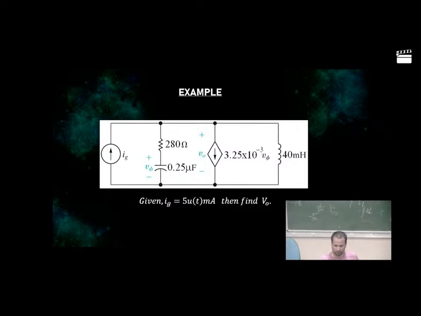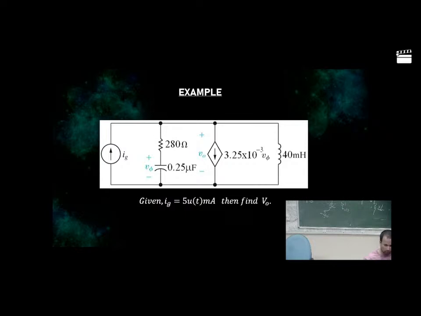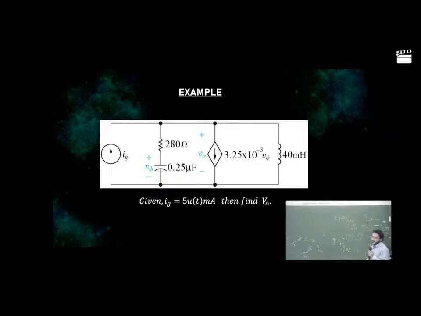What will be this capacitor's Laplace transform in s domain? 1 by 0.25 microfarad, so 1 by 0.25 s into 10 power minus 6. You should take care of the microfarad also. And what will be that current source? You know what that rhomboid symbol is, right? That is a voltage dependent current source.